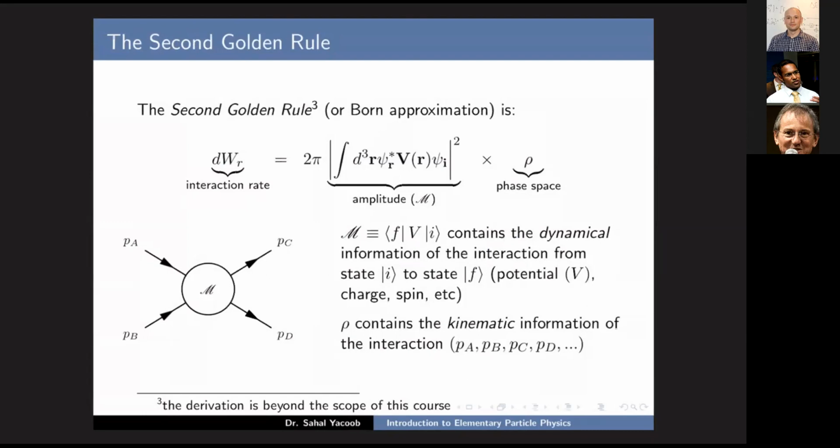So how do we do all of those calculations? This is Fermi's golden rule, or the second golden rule, and this includes the Born approximation.